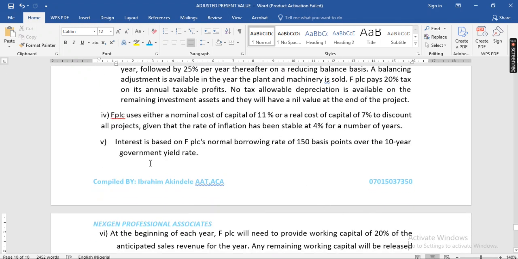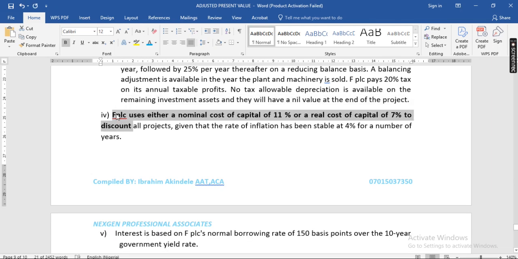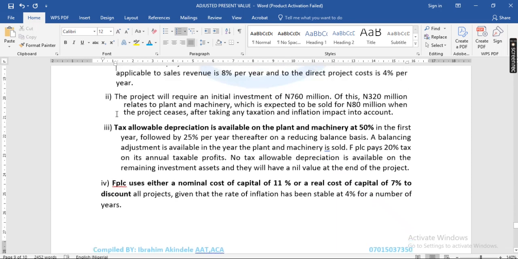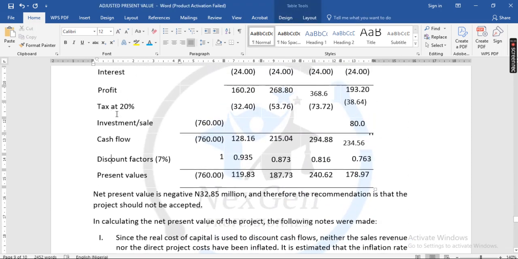Now, FPLC uses either a nominal cost of capital of 11% or a real cost of capital of 7%. Class, don't forget that at the beginning of this project, what they use to discount is 7%.